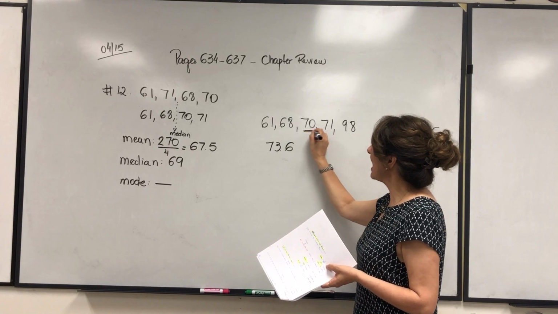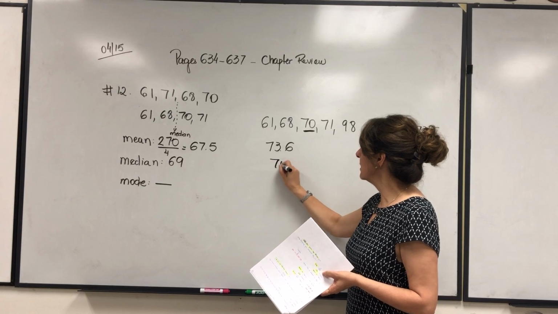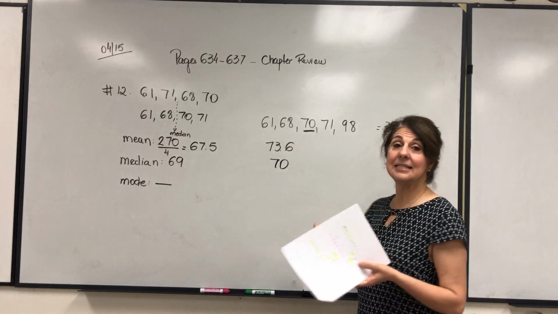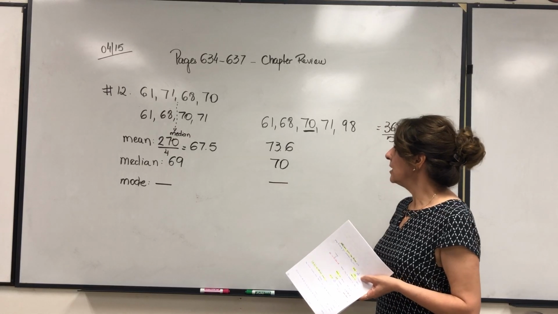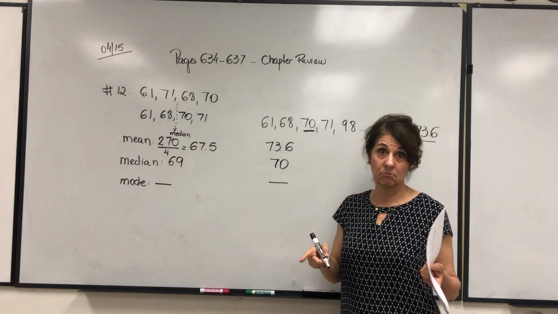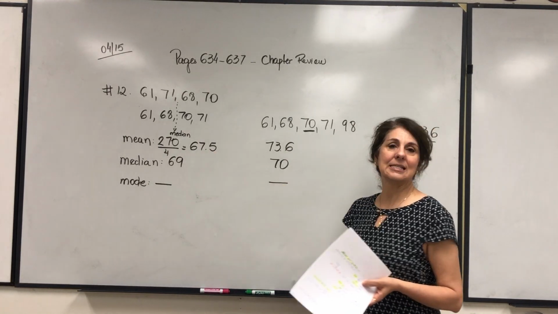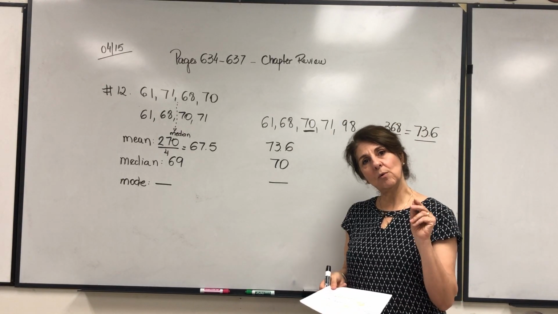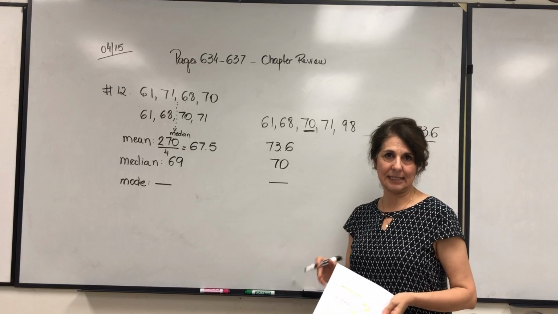So now I have a number in the middle. So my median here is 70. And I continue having no mode. So if you look, the median went from 69 to 70. So it just went one up. And the mean went from 67.5 all the way to 73.6. So the one that changed the most here was the mean.